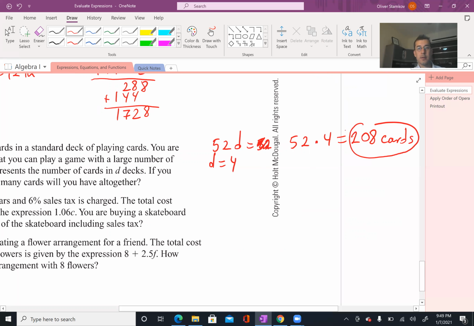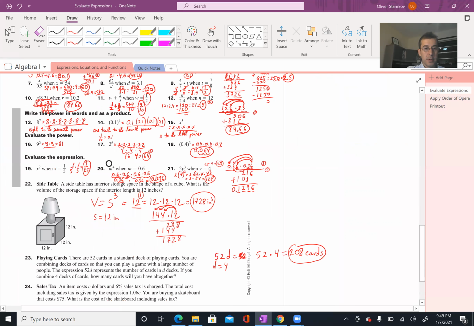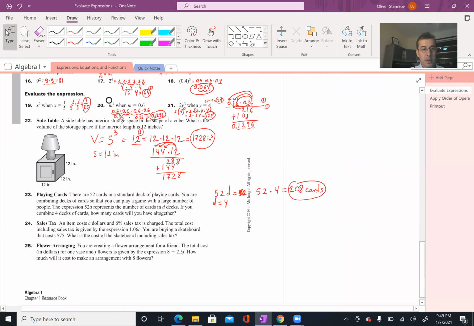Okay, that's the solution. So 208 cards you will have all together if you have 4 decks, because each deck is 52. So 52 times 1 is 52, 52 times 2 is 104, and then 156, and then 208.